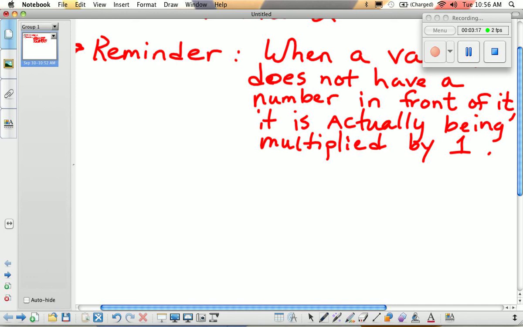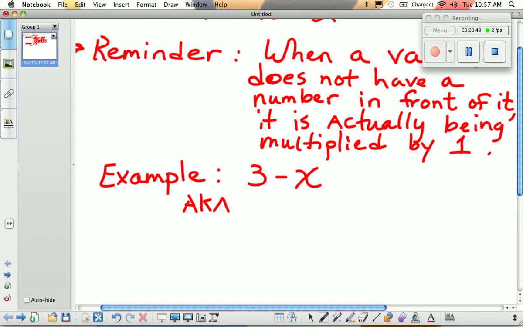So, here's an example for us. Write this down. These types of things are going to show up in our homework today, and we're going to need to know what to do with them. If we have the expression 3 minus x, where there's really no number in front of that x, that is really the same as 3 minus 1x.